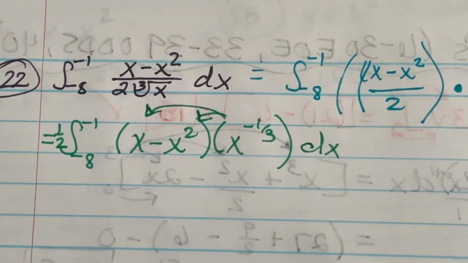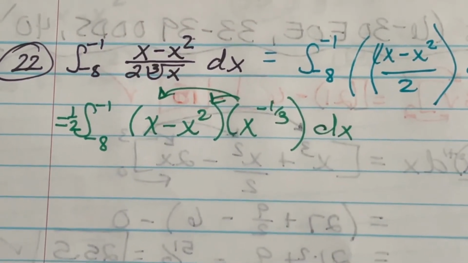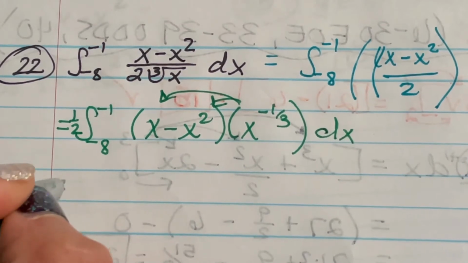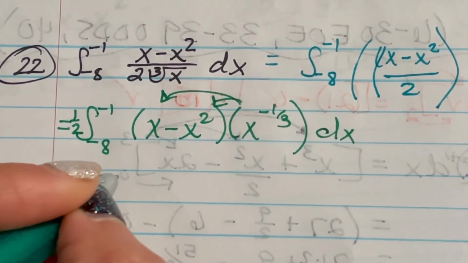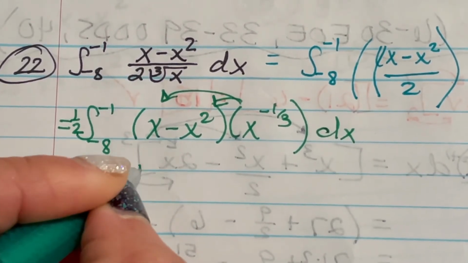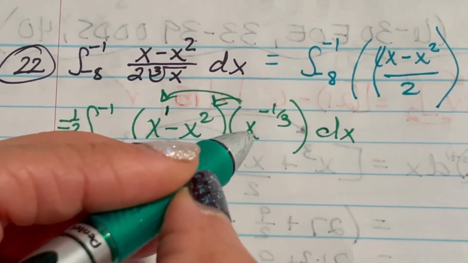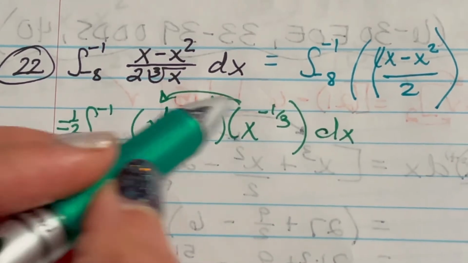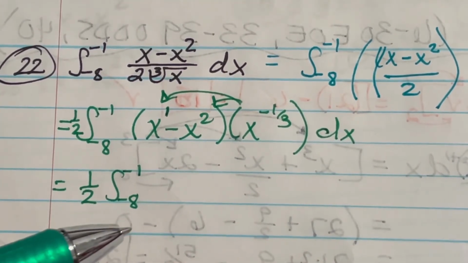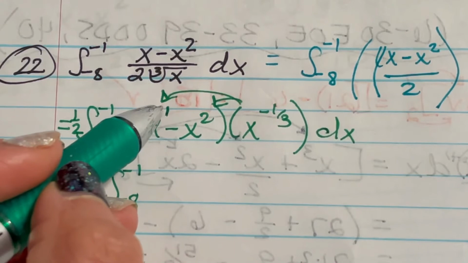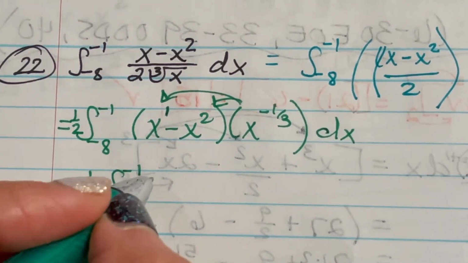So let's go ahead and distribute. Remember, when you multiply like bases, you add the exponents, okay? So this will be, I have a 1/2 out front, integral from -8 to -1, x to the first times x to the -1/3 is really the 1 plus a -1/3. 1, we can make it a 3 over 3. 3 over 3 minus 1 over 3 is 2 over 3.